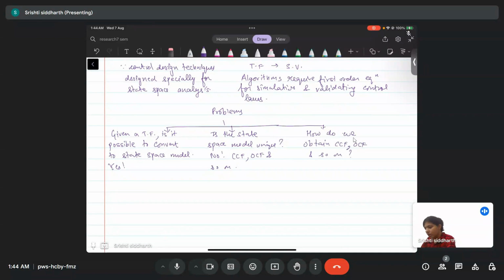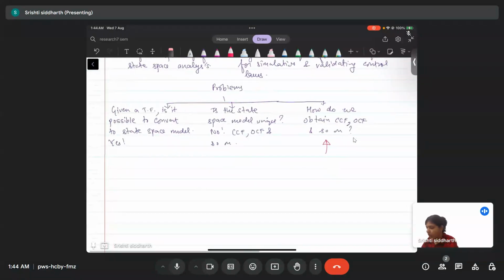Alright. So what we are going to concentrate on is this part. For that, let's consider a third order transfer function. We have the Laplace transform of the output Y(s) upon the input R(s), or sometimes U(s). This is the transfer function G(s).